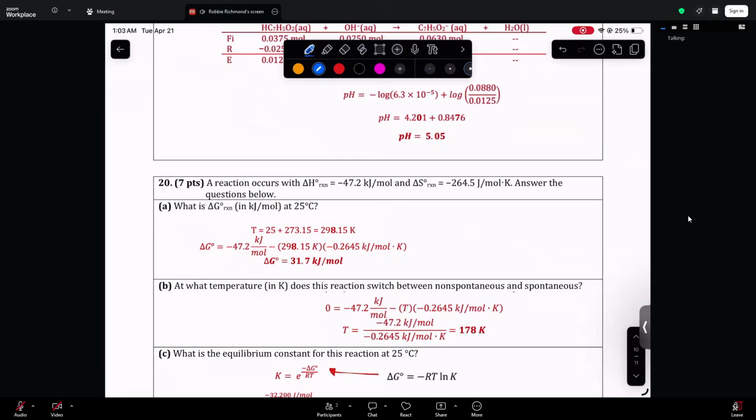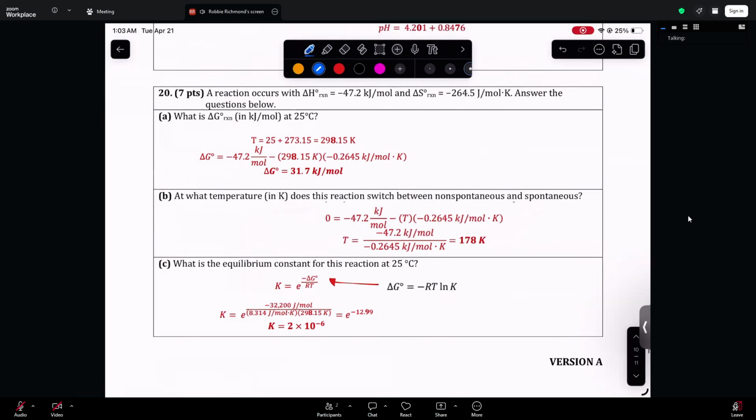All right, and then very next question, just a plug and chug. With the entropy chapter, or chapter 14, this is where you just need to look at what is given to you and find an equation that relates to that.